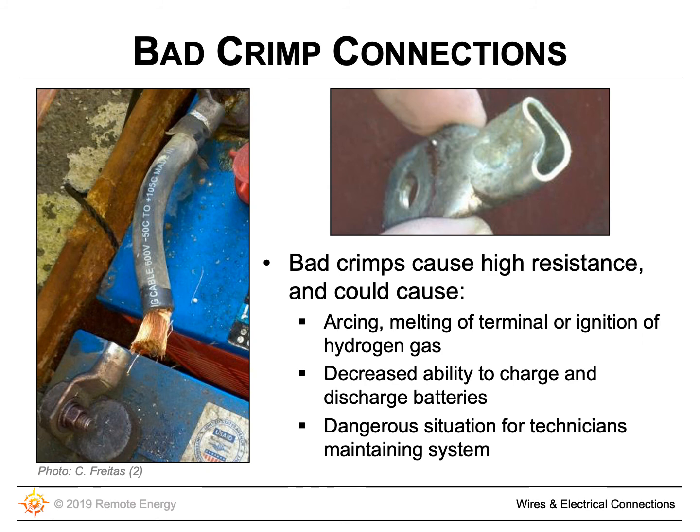Now, these are flooded lead acid batteries. You can see the red cap on top, where you can put distilled water in. And when these batteries are charging very heavily, they're producing some hydrogen sulfide gas, which is somewhat explosive.